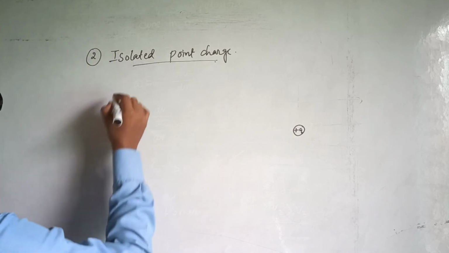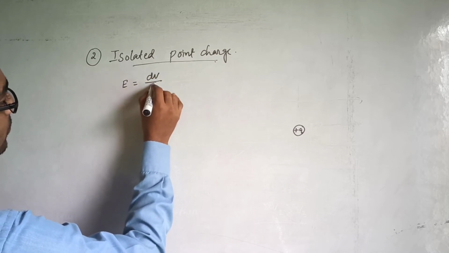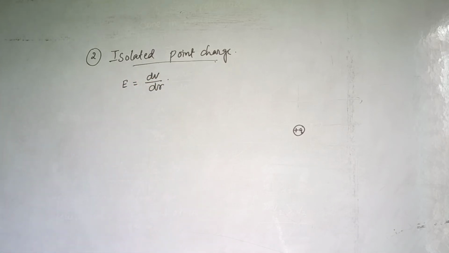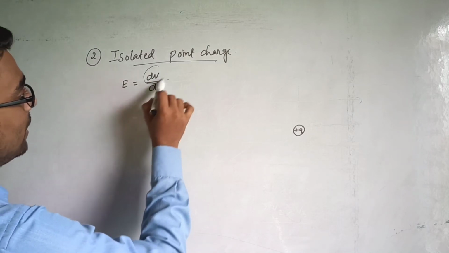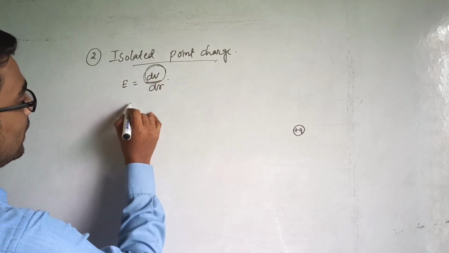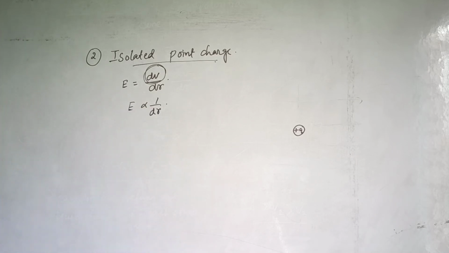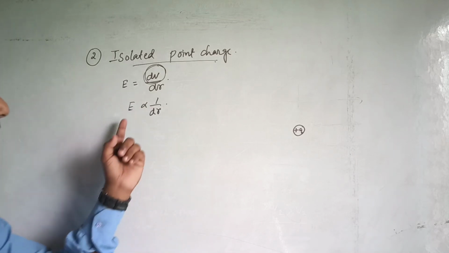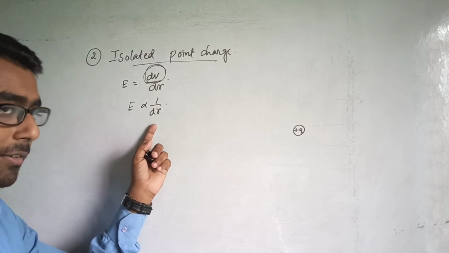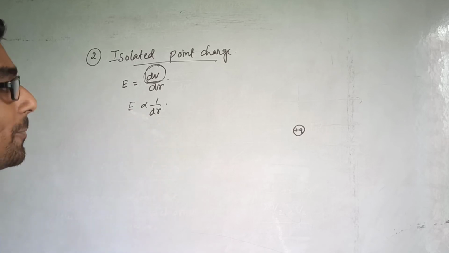We have E = dV/dr, taking only the magnitude. If we take dV as constant, we can write E directly proportional to 1/dr. That means if E increases, dr will decrease, or if E decreases, dr will increase.